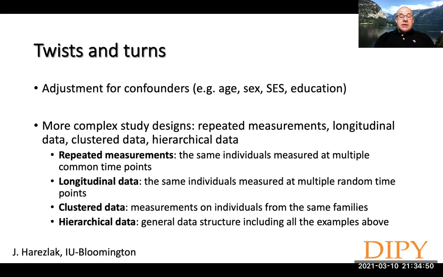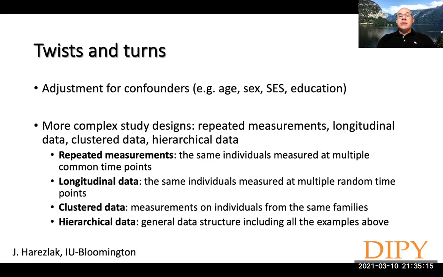Now with cluster data, well, we have measurements, again, on individuals that come, for example, from the same families. This is the case, let's say, in the Human Connectome Project, where we have a lot of data that came from siblings, from twins, and these are both monozygotic twins and dizygotic twins.